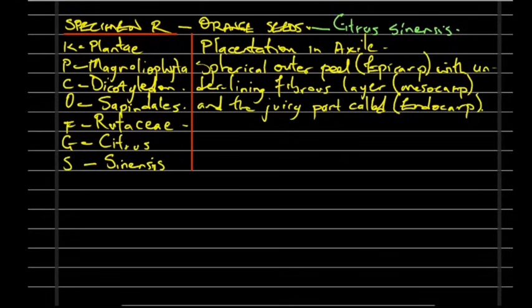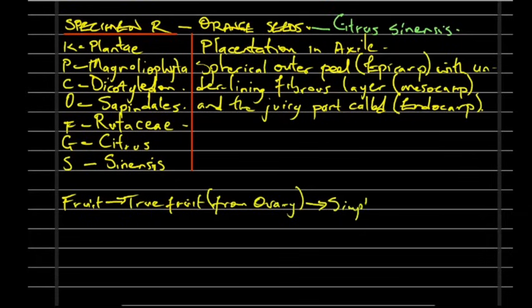So if you look at the classification now, when we look at the fruit, it is a fruit. And what kind of fruit is it? It is a true fruit because it possesses ovary. It is from the ovary. So we see it as a true fruit because it is from ovary. And then it is simple or monocarpous.